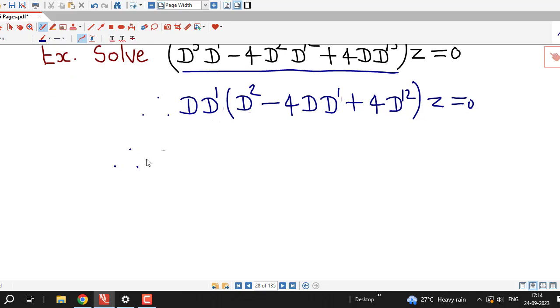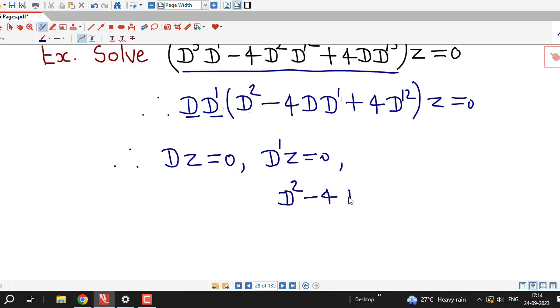So here I have D in the product and D dash is also in the product. So this I can rewrite as Dz equal to 0, D dash z equal to 0, and D square minus 4 D D dash plus 4 D dash square z equal to 0.